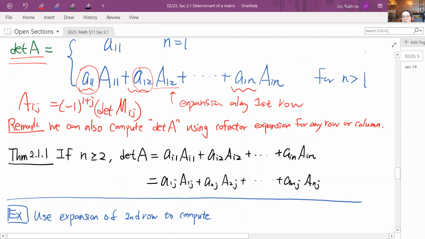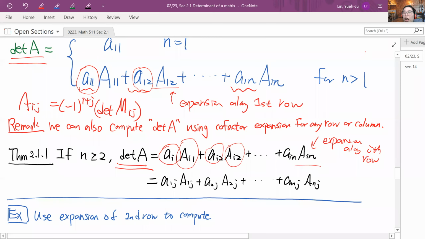For any determinant, as long as it's more than 2 by 2, if you want the expansion along the ith row, not necessarily the first row, then you take out ai1, ai2, and match with the corresponding cofactor, and add them up. That will give you the determinant.